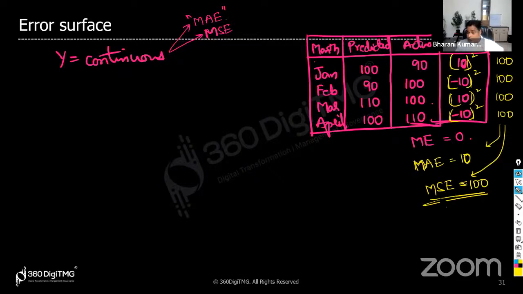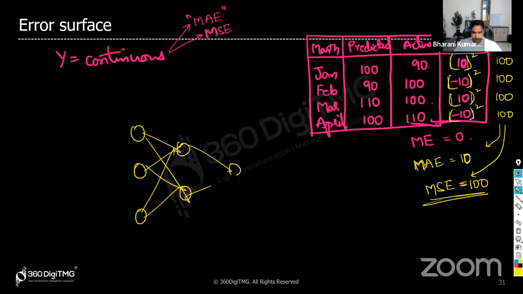So mean square error also can be used, and your objective is to minimize that. If you have a neural network like this, you take each and every input, pass it through your network, forward pass, calculate the loss for every observation.